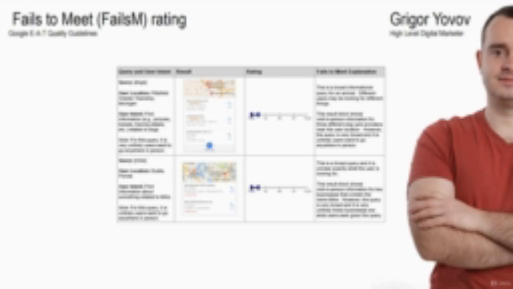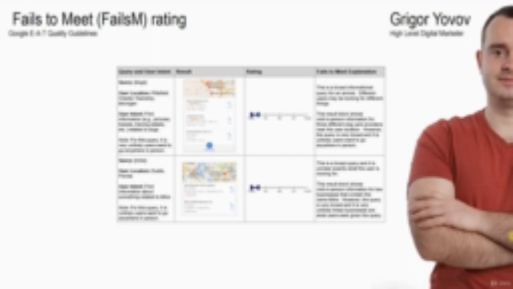I have prepared here a few examples. The first one: the query is dogs, user location Pittsfield Charter Township, Michigan. User intent: find information like pictures, breeds, training details, etc. related to dogs.